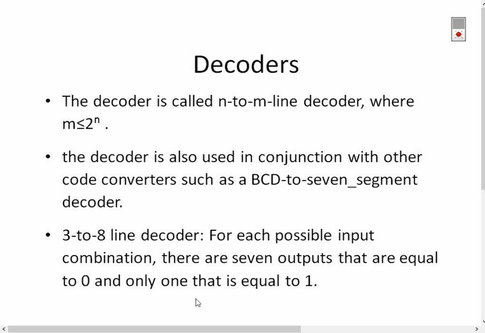In a typical combinational circuit, I have one input or multiple inputs coming in, and I have one thing coming out. So essentially, it's a many-to-one operation. Decoders tend to be many to many.